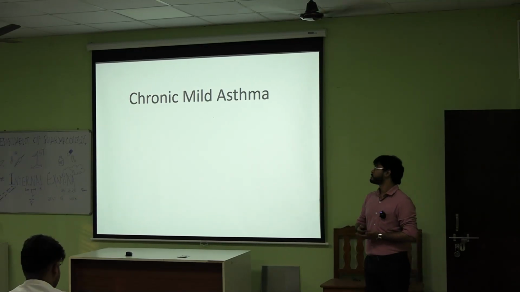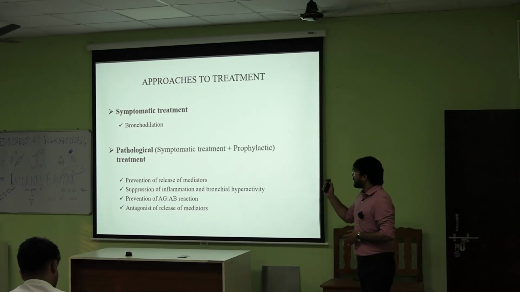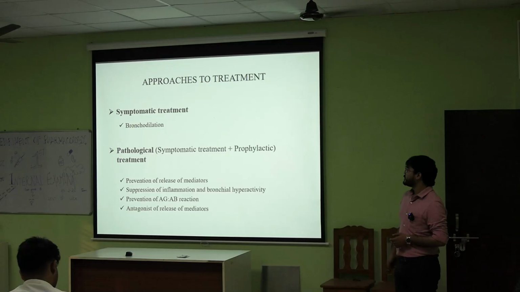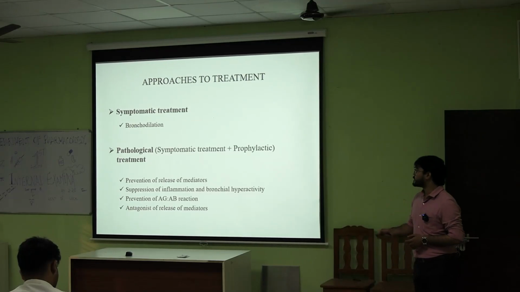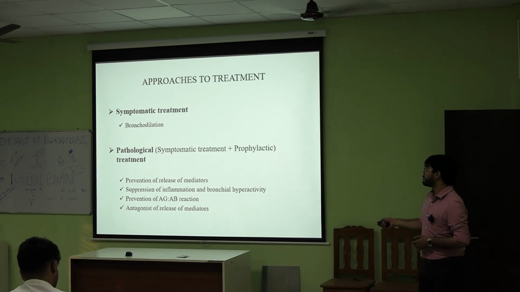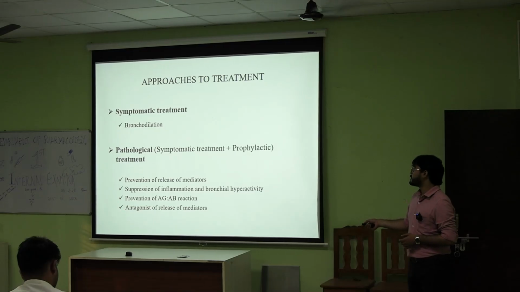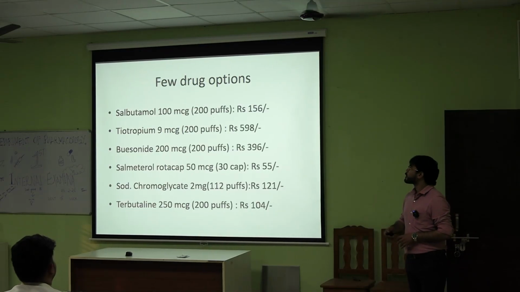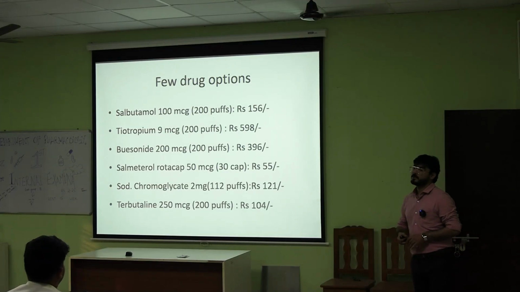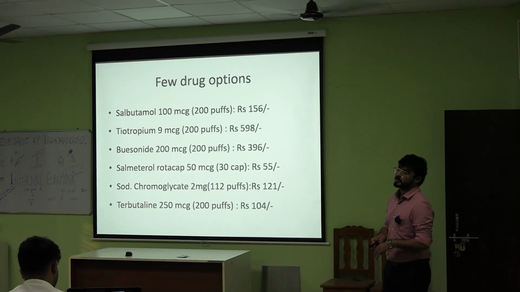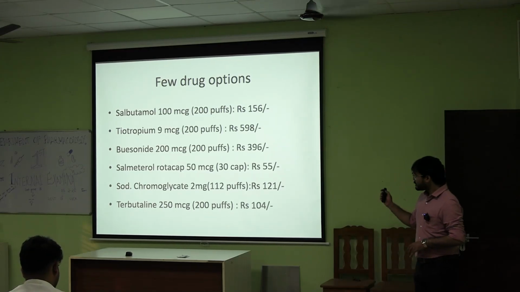Okay. See, now the treatment, for symptomatic treatment, you will give bronchodilation, and for pathological treatment, you will prevent the release of mediators, suppression of inflammation, prevention of antibody-antigen reaction, and antagonist of release of mediators. ठीक है? These are the drugs which you will give in chronic mild asthma और persistent asthma, ठीक है? देख लो.